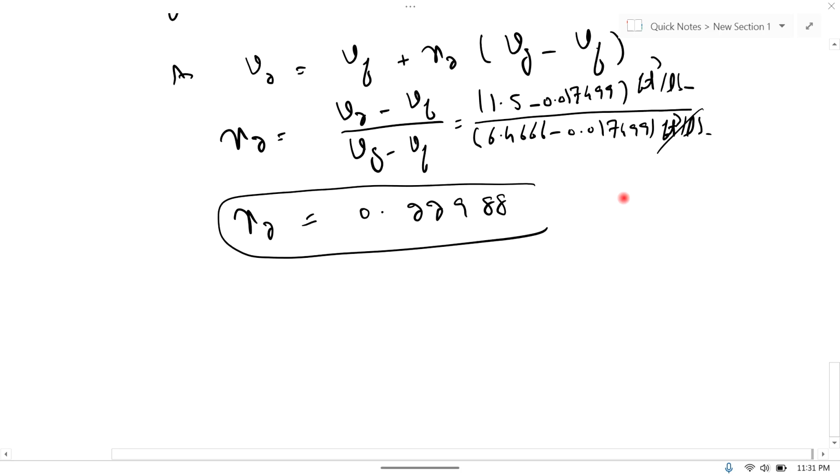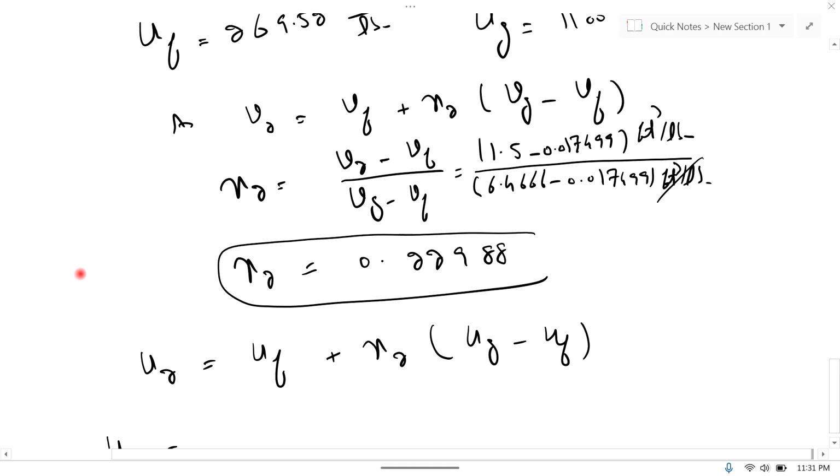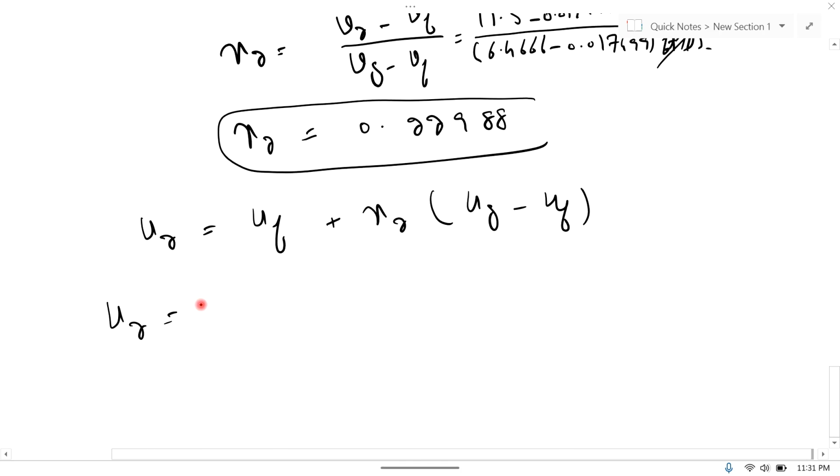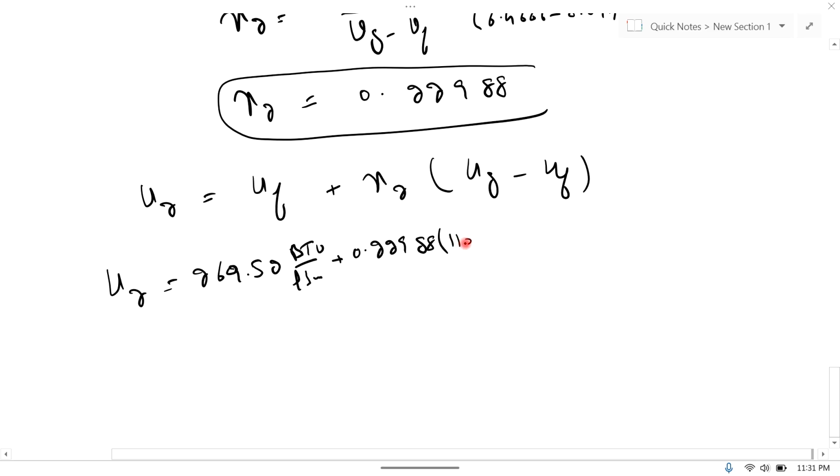Now we can find U2. U2 is equal to Uf plus X2 times Ug minus Uf. So U2 is equal to Uf, which is 269.52 BTU per pound mass, plus X2, which is 0.22988, times Ug, 1100, minus Uf, 269.52 BTU per pound mass.